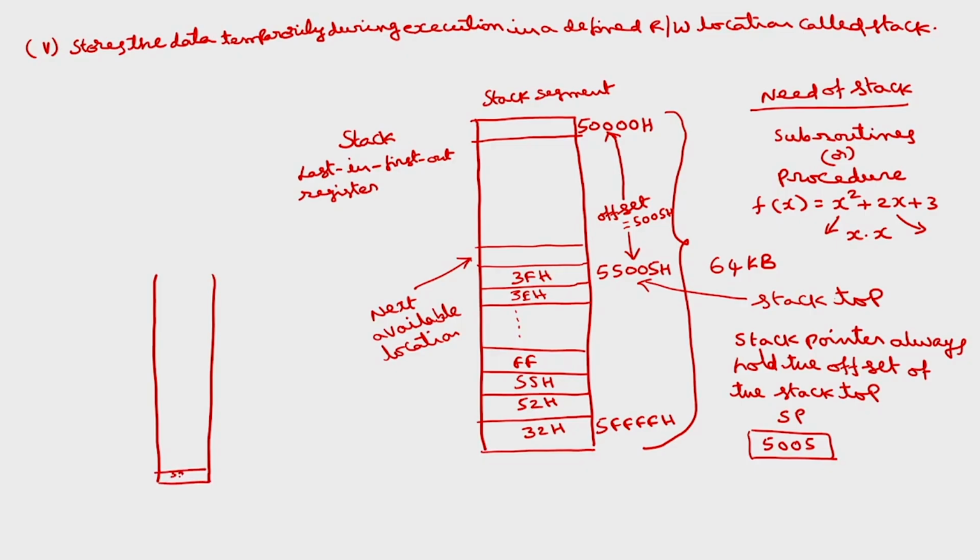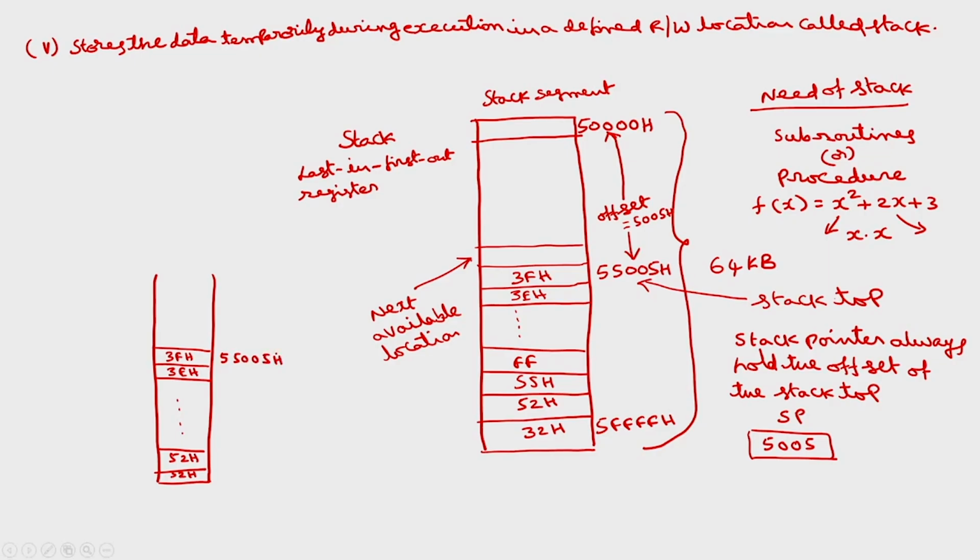This is 32H, 52H and so on. So, this is 3FH. Now, the contents of the stack pointer will be, this is the stack top, 55005H.